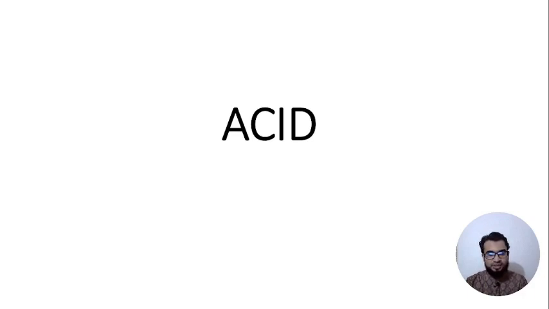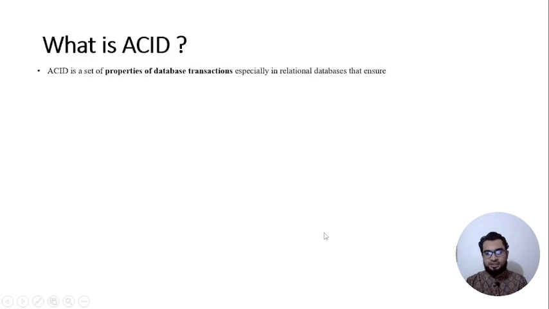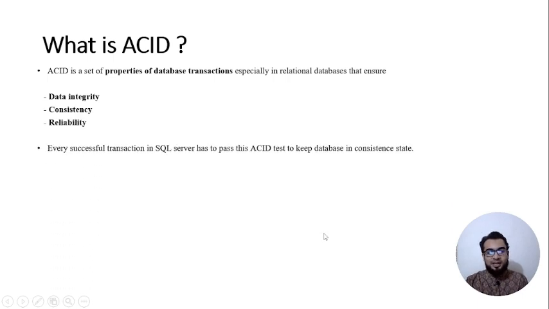In this lecture, I will explain the ACID property in relational database management systems. What is ACID? ACID is a set of properties of database transactions, especially in a relational database, that ensure data integrity, consistency, and reliability.